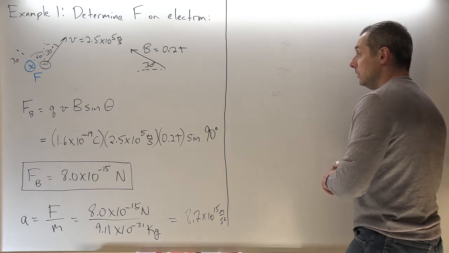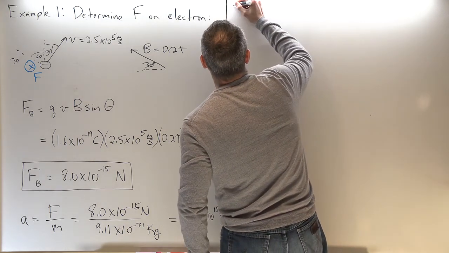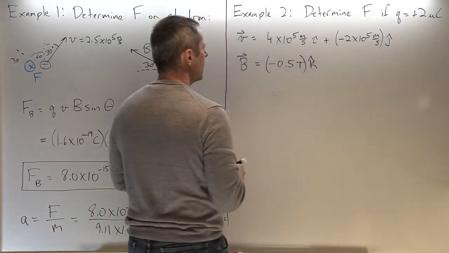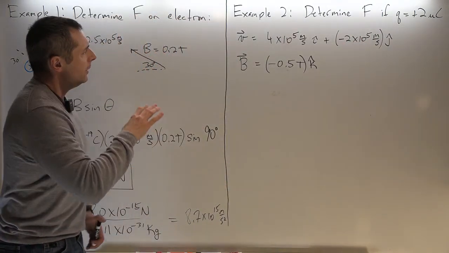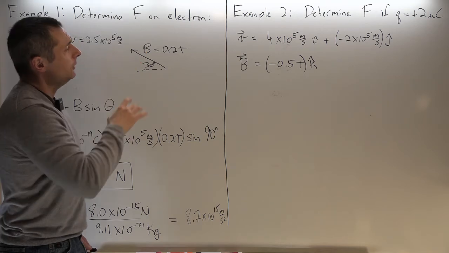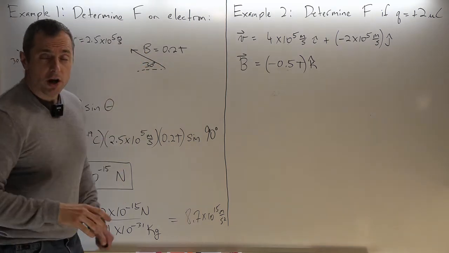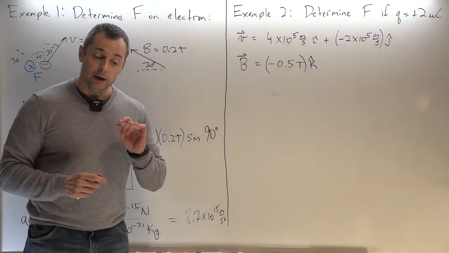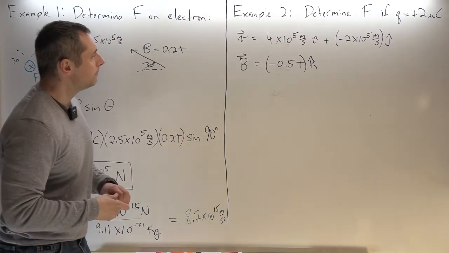So let me write out example 2. Here we have the velocity in component form, the magnetic field in component form, and the charge. So what we're going to apply is the vector cross product here.